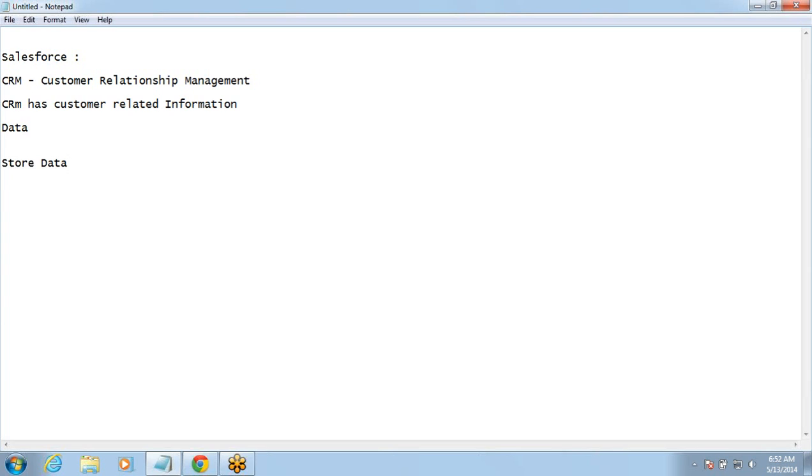Okay, that is the first requirement. But if storing data is the only requirement or expectation out of a CRM, then you can create a CRM out of a hard disk also. But that does not happen, right? So a hard disk cannot be treated as a CRM. So data storage is just one small thing that you need from a CRM. Secondly, what do you need?